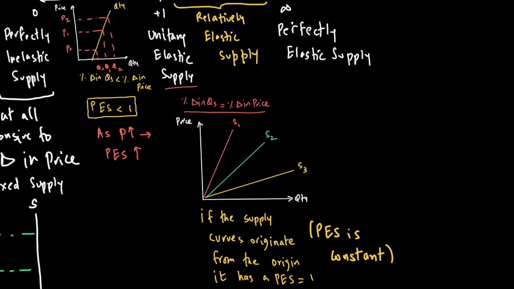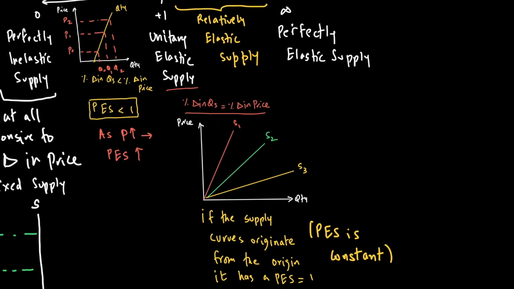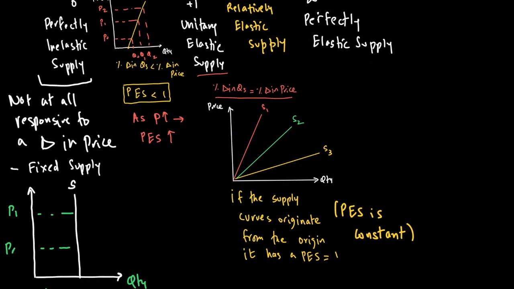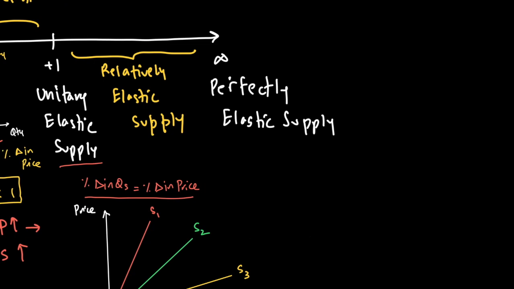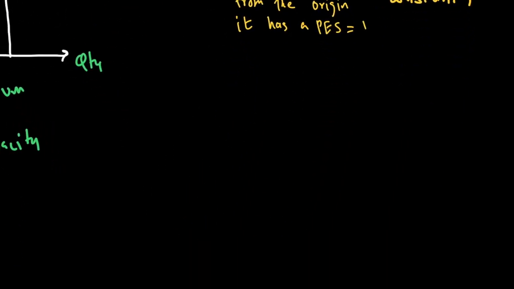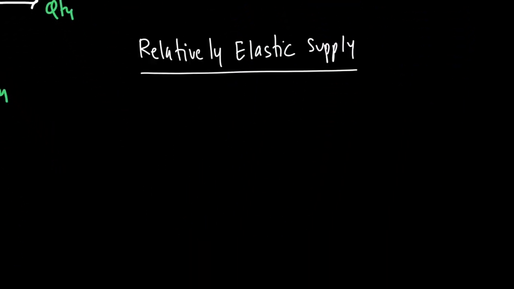Okay, so I have a little space here, so now let me move on and write about relatively elastic supply. For the relatively elastic supply curve, we draw a supply curve that comes from the price axis.